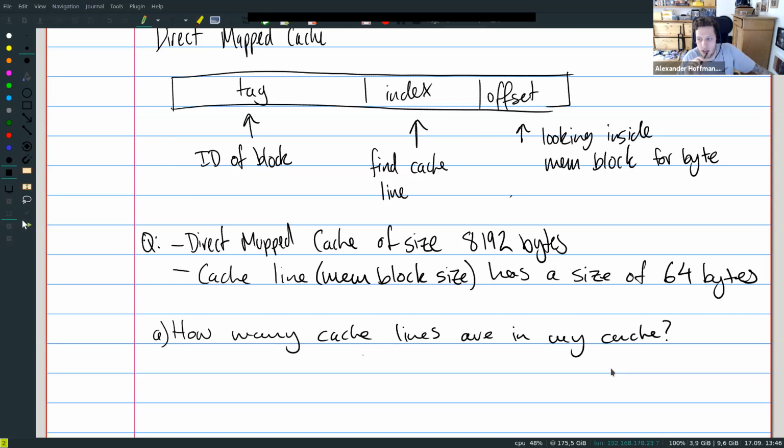Six is sort of related to it, I guess. So if each cache line is 64 bytes, but my cache totals 8,192 bytes, how many cache lines do I have?